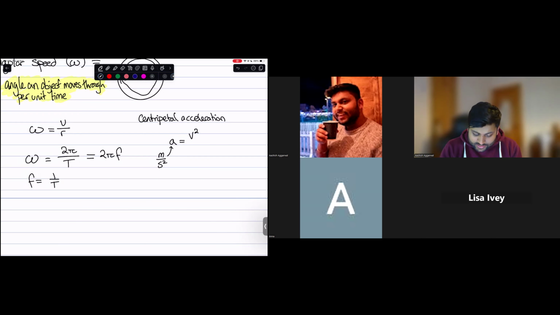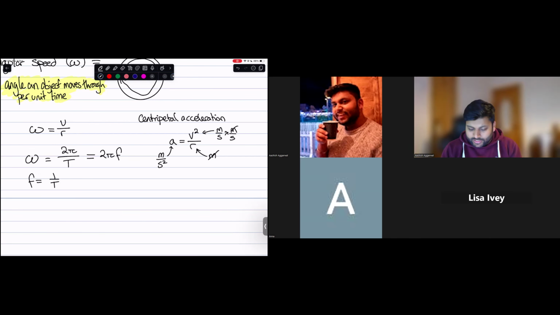So you can make it velocity squared over the radius. So it's kind of similar to this. You've got meters per second times meters per second, and this is a unit of length, which you've already used before. So you know that you can use these together. And so this cancels out, and you get meters per second squared.